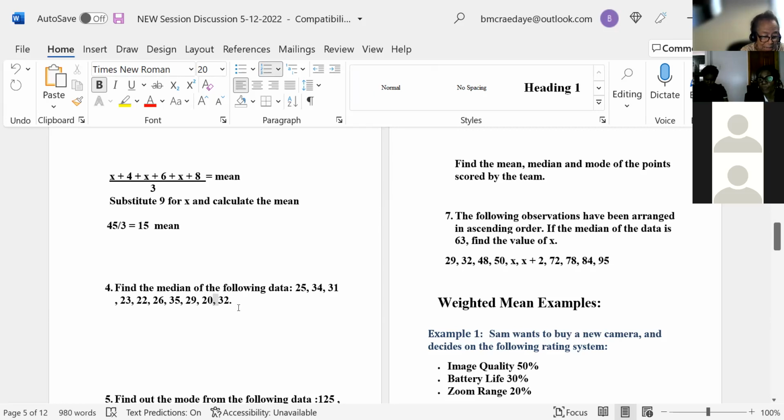Mercedes, you have your median? I'm not finished writing them out, Miss. I missed a number, so I have to go back. I suggest that you put them in order now and just check them off so you know you've got them all. Michelle, you put yours in order?